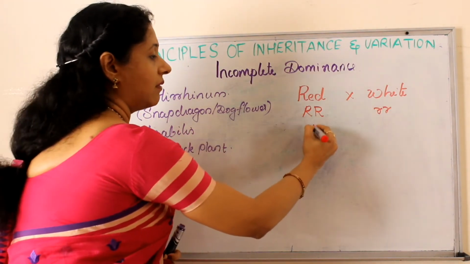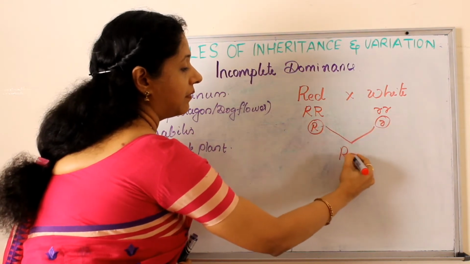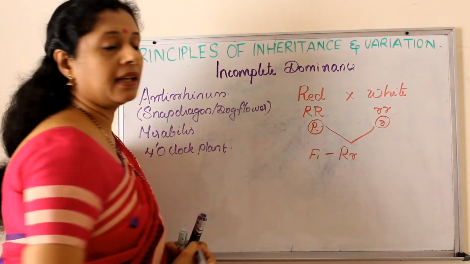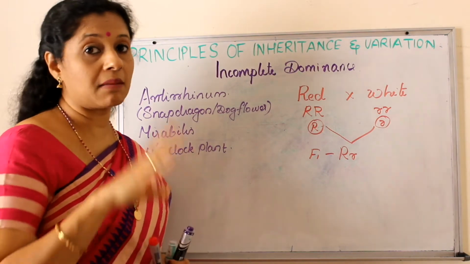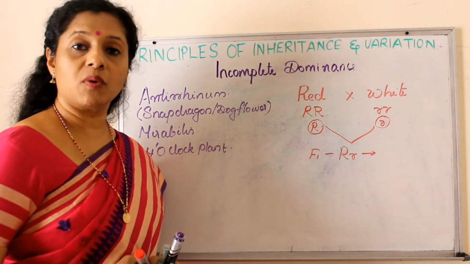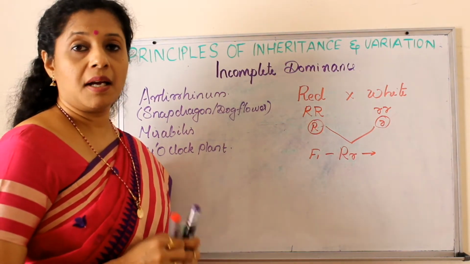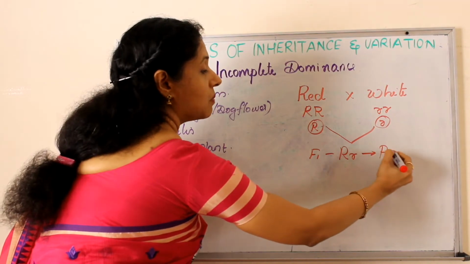So the gametes will have only capital R here, and small r here. In the F1 generation, we get capital R, small r. The genotype is similar to Mendel's cross, but the phenotype was different. We expect red color like Mendel's theory, but here the flower appears to be pink.